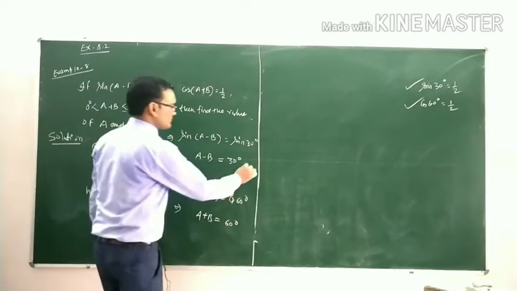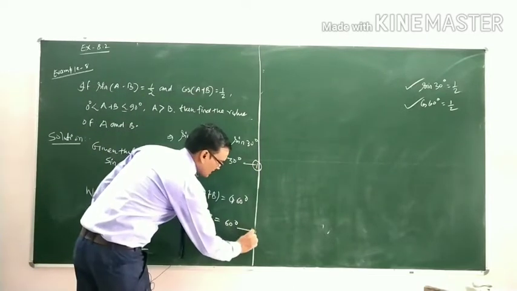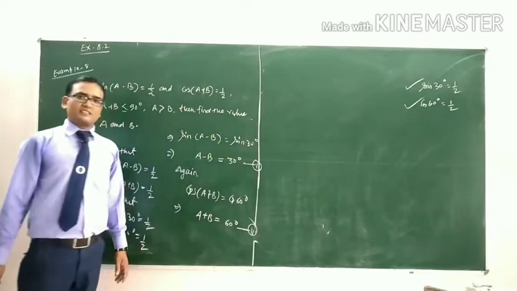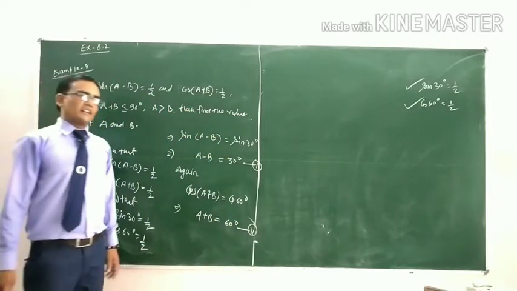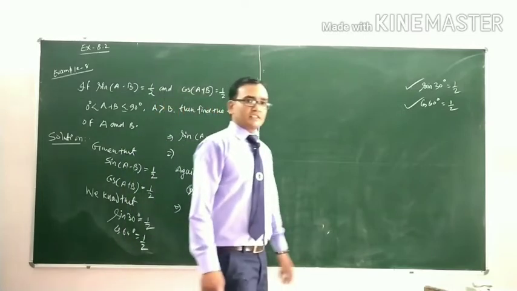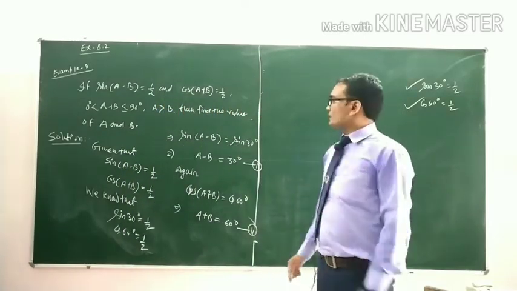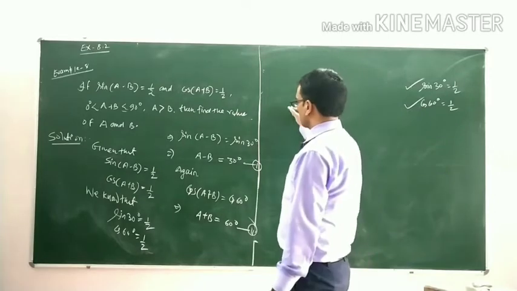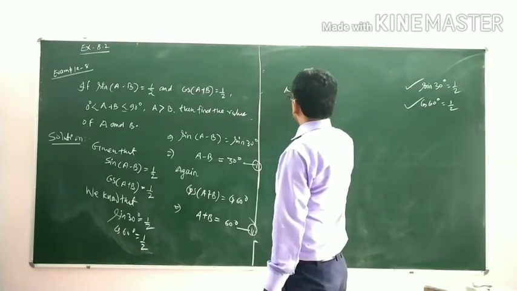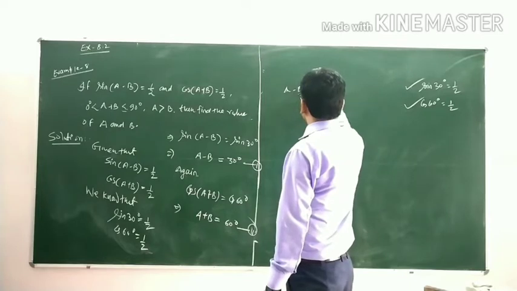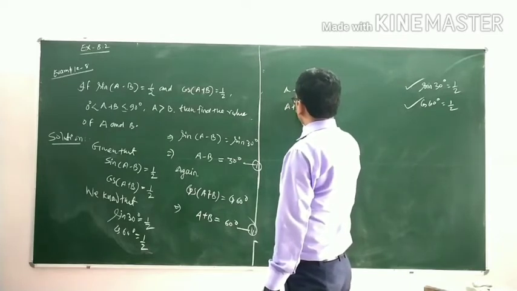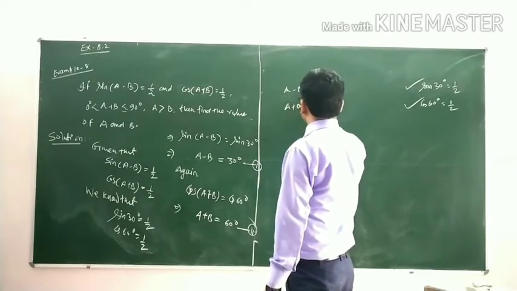Okay, this is the first equation and this is the second equation. We find our required values by solving equation number 1 and equation number 2. Here A minus B equals 30 degree and A plus B equals 60 degree.